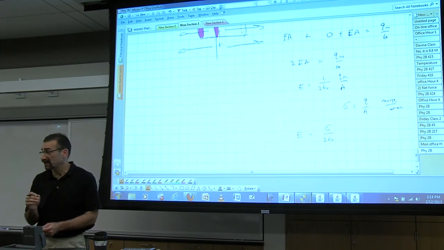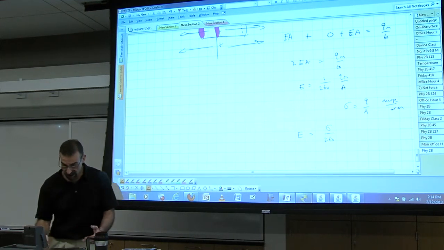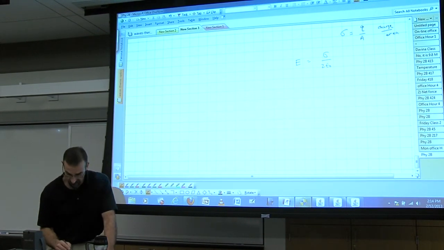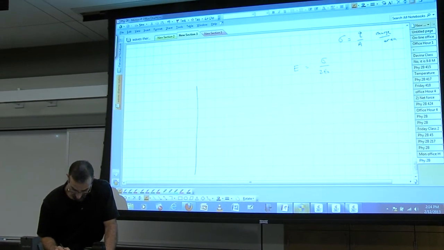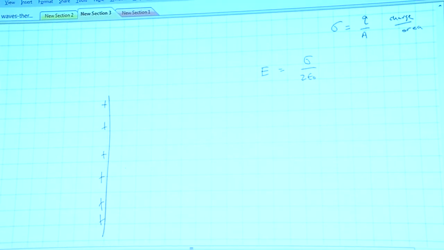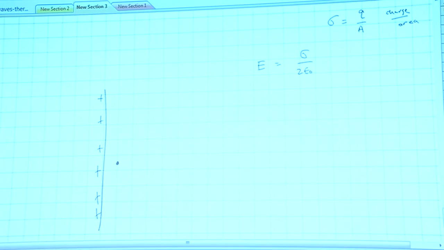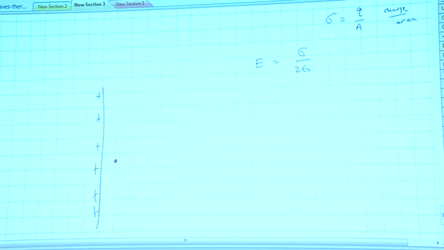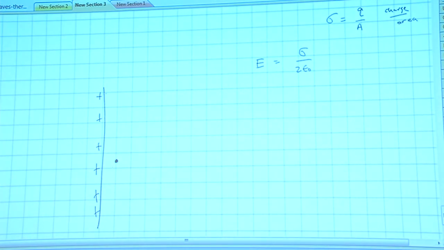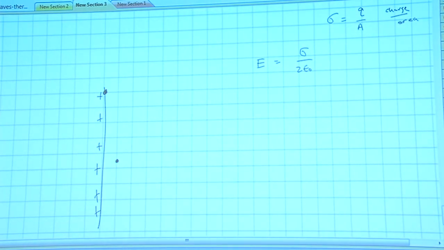If you're close to the sheet, the charge that's far away is kind of canceling out. Here's your sheet of charge. And if you're here, remember this is a vector quantity. Electric field's a vector quantity. So the charge way up here at the end, maybe I'll use a color code here.